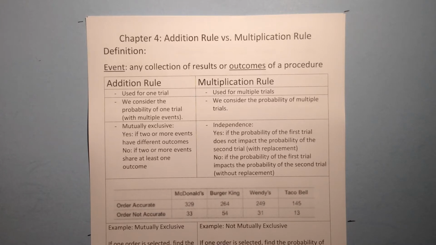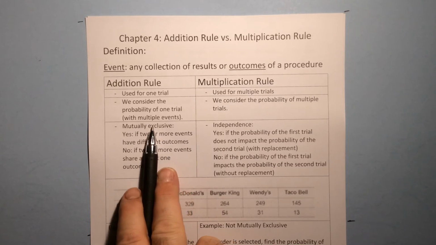Now, under each of these ideas of the addition rule and the multiplication rule, there are two different ideas which students also confuse. The idea of whether events are mutually exclusive.